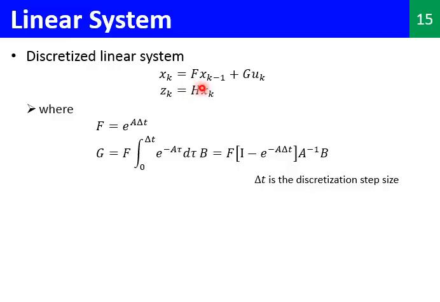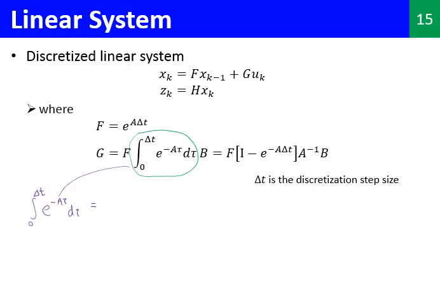Okay, I think I should show how we can obtain this guy here from this one, so let me quickly show that. So if I take this integration part, I have the integral from 0 to delta t of e^(minus A tau) d tau.